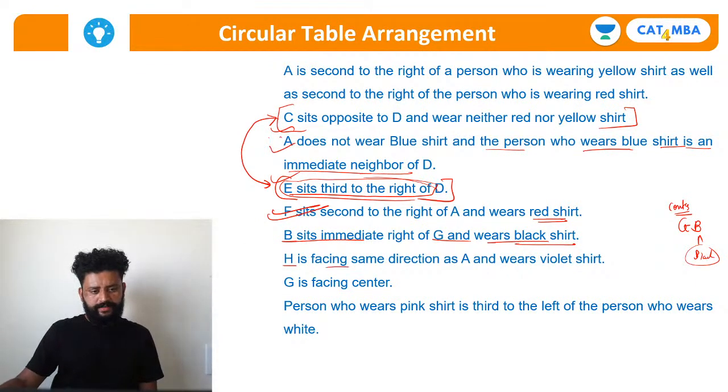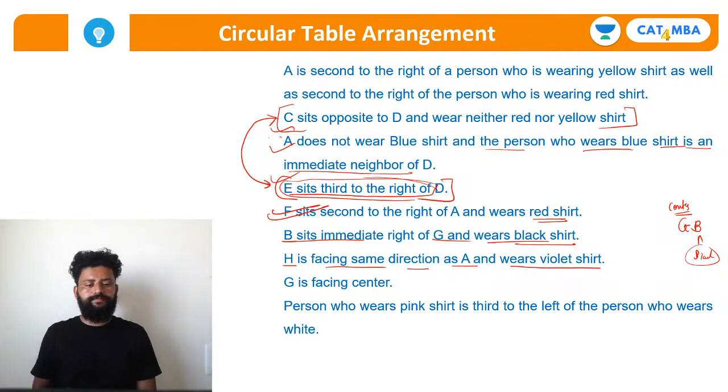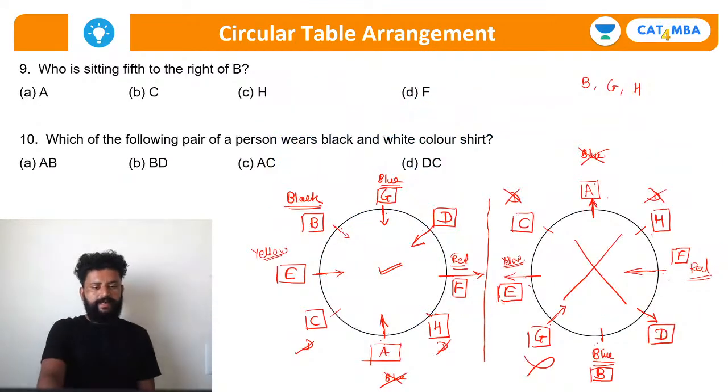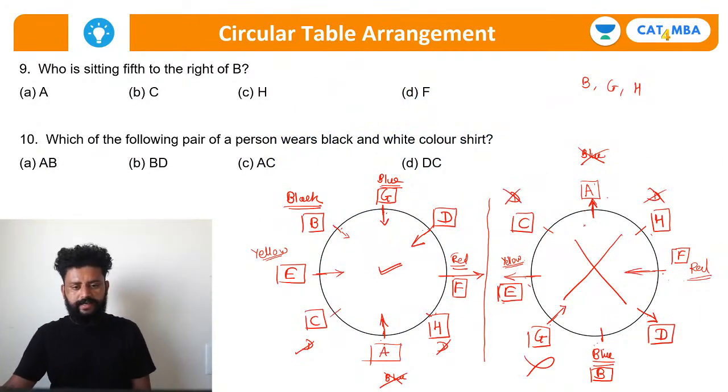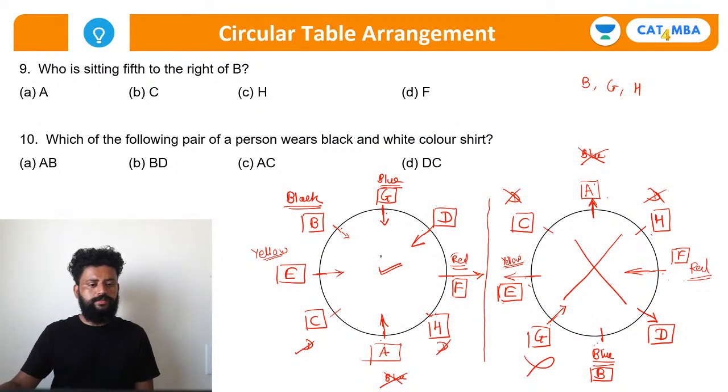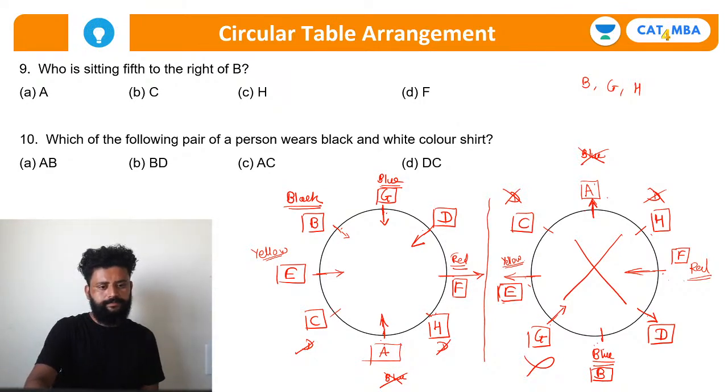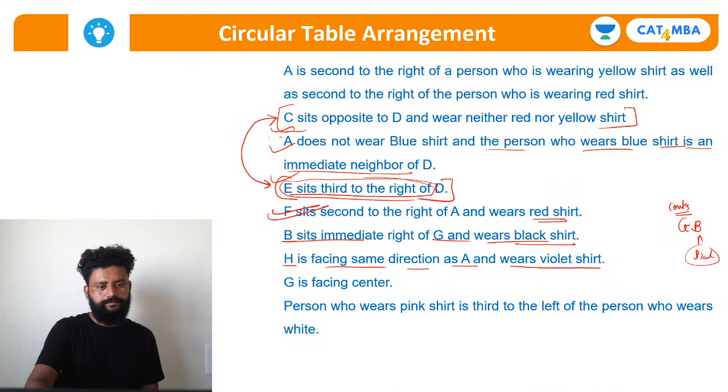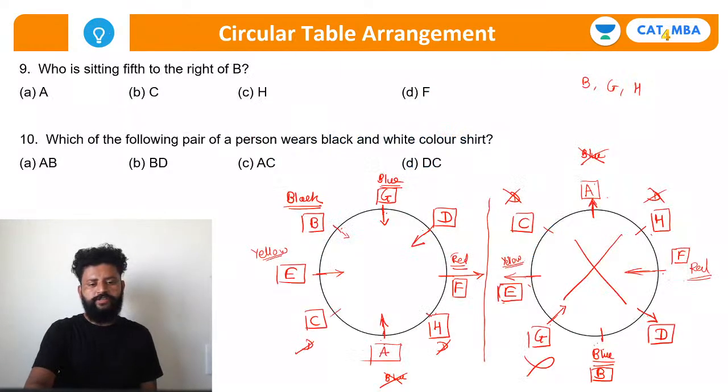So H is facing the same direction as A. So in this case, A not the case actually. H is facing the same direction as A, and wears a violet shirt.